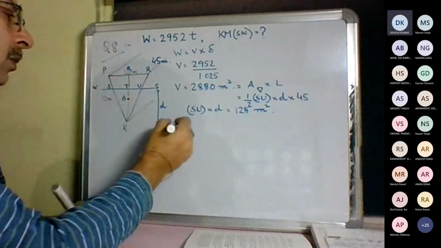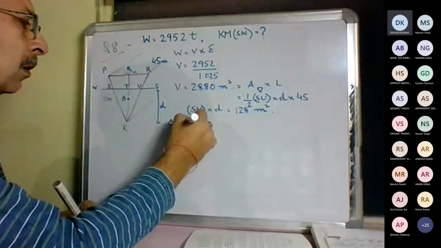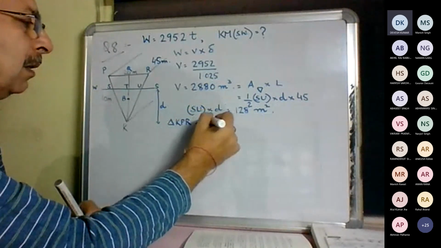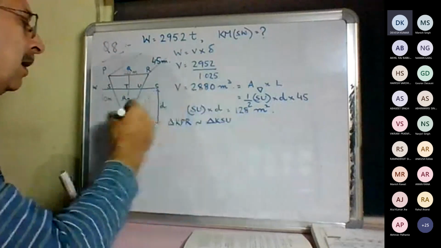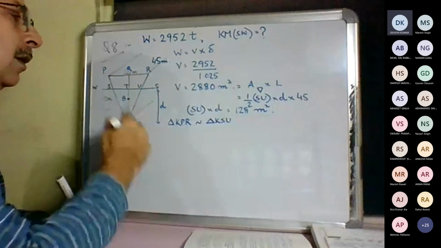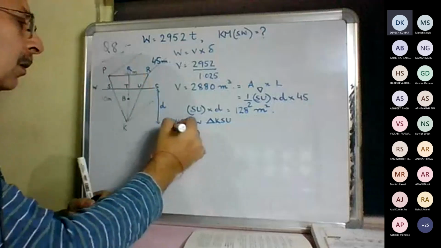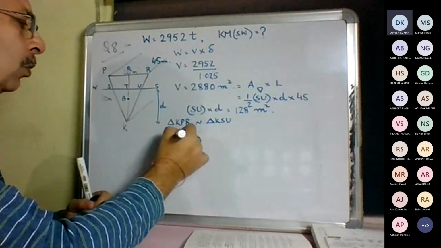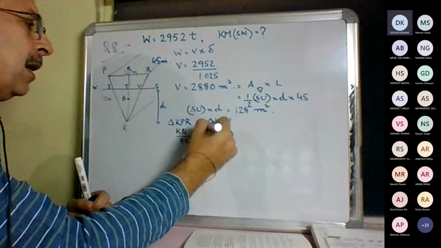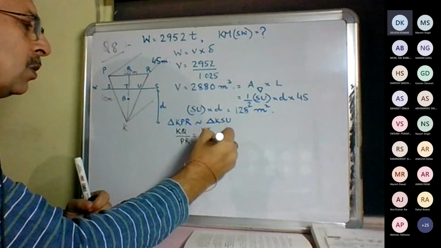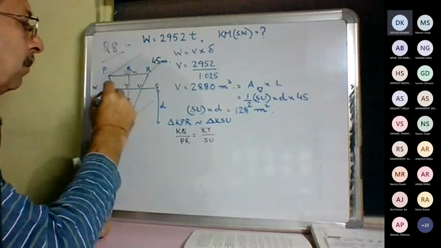Now, triangle KPR is similar to triangle KSU. Both are similar triangles, the bigger triangle and the smaller triangle. Therefore, the ratio of their sides will be equal. Perpendicular over base: KQ upon PR is equal to KT upon SU.